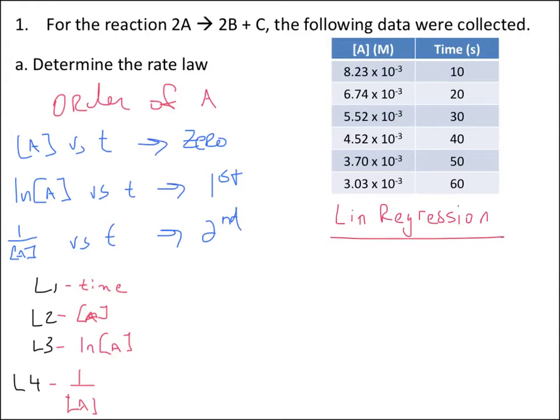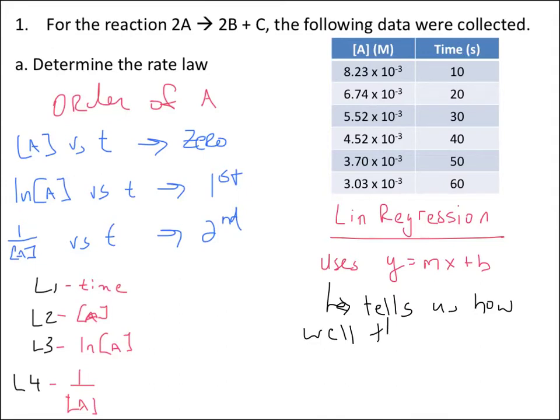So a linear regression uses y equals mx plus b, so the equation of a straight line, and essentially it tells us how well the data fits. Right?